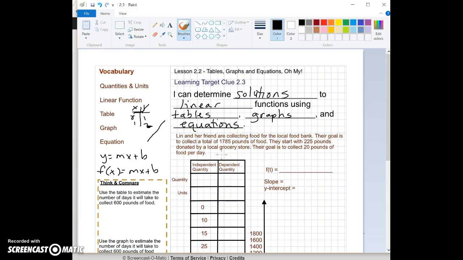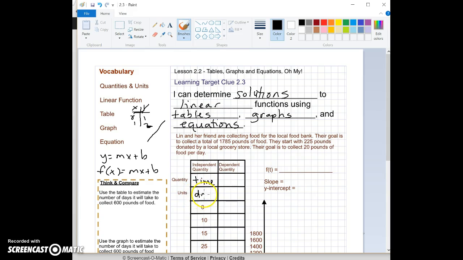All right, so the first thing we're going to do is think about what the independent and dependent quantities are. So first of all, what's the independent quantity? What's the general measurement that we're going to be using? It's going to be time. And we're going to measure that time in what?